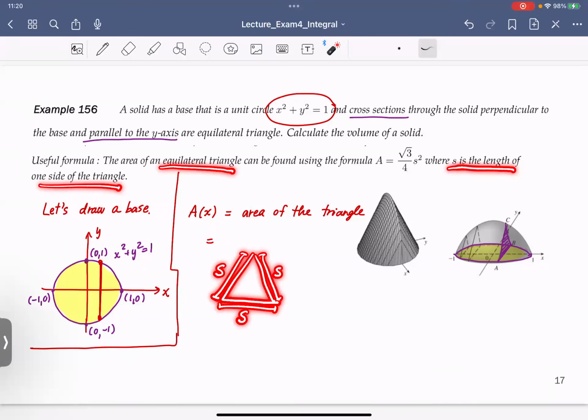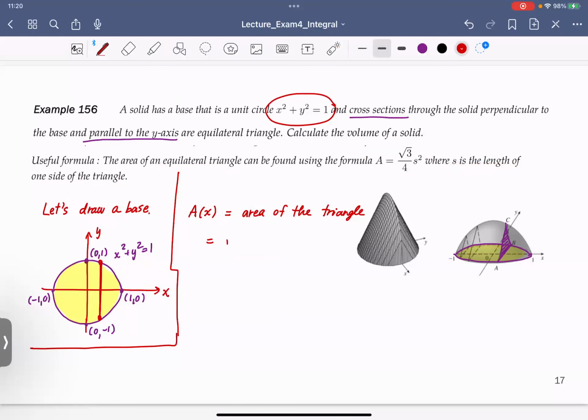The formula for the area is square root 3 over 4 times side squared. And then what is the side here? Of course it's going to be this one, which means you need to know the length of this one.